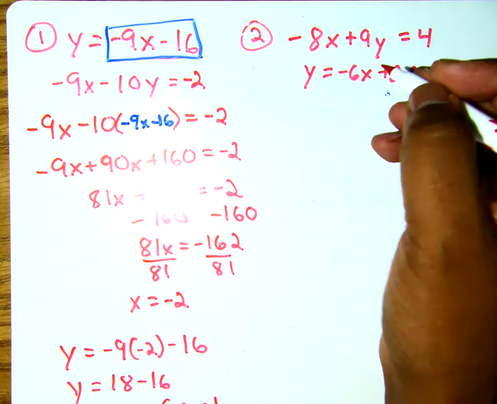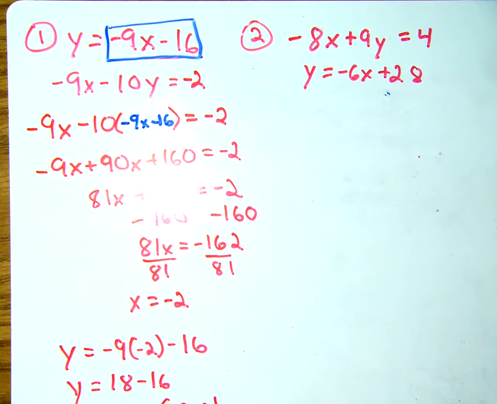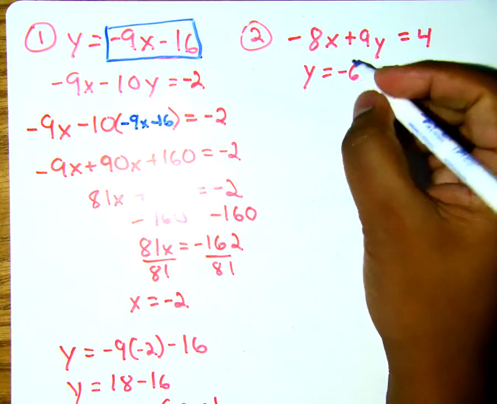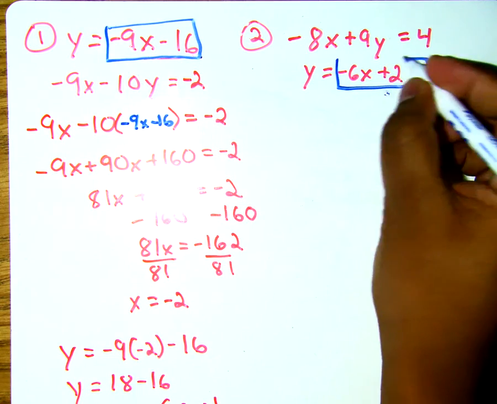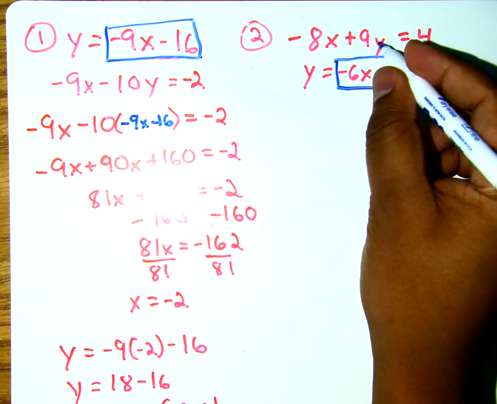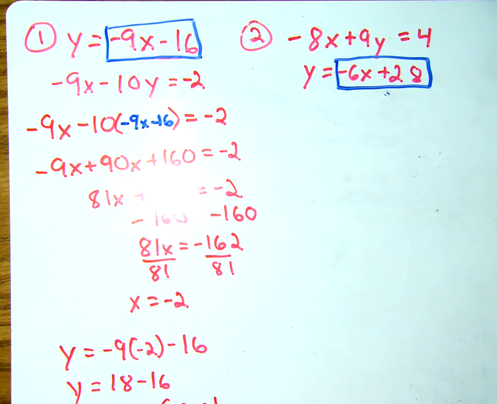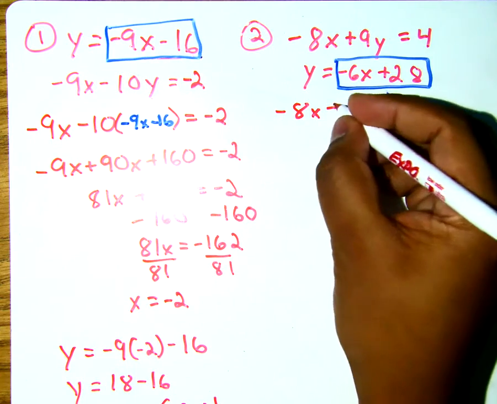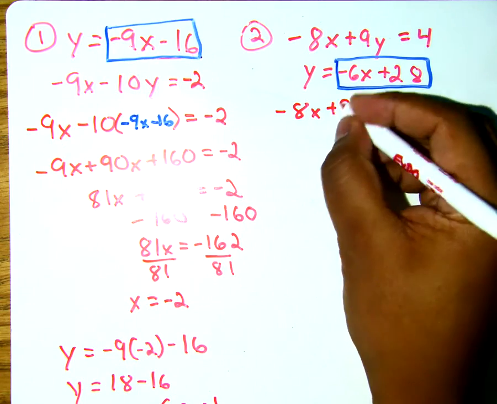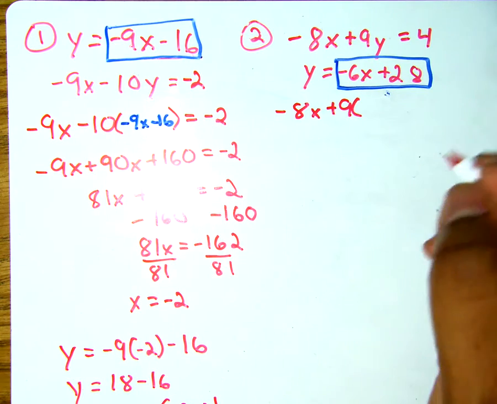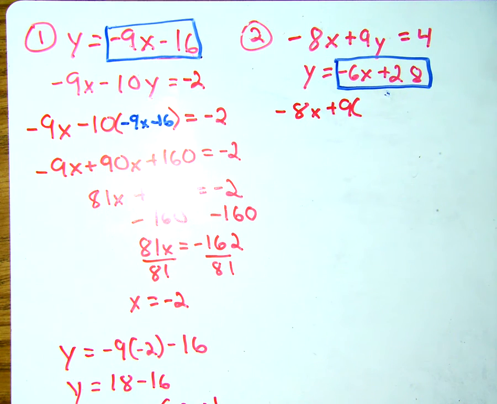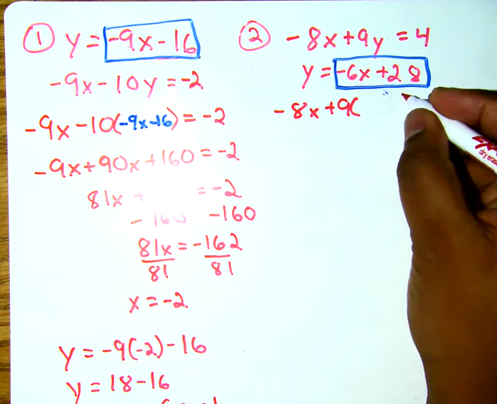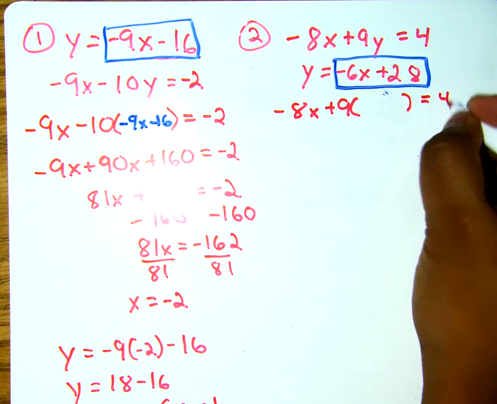Okay, on number 2 here, I've got the y here is equal to negative 6x plus 28. And I'm going to plug that into the y right here by that 9. So now I got negative 8x plus 9 times y is equal to 4.